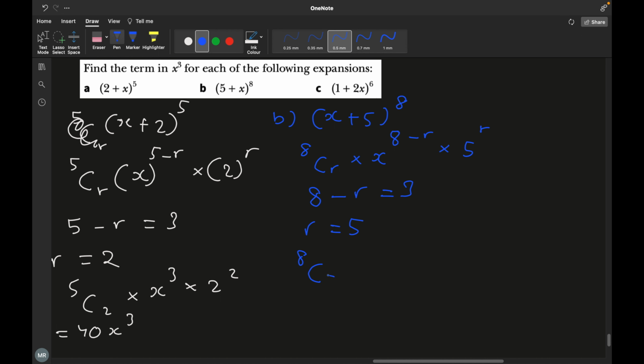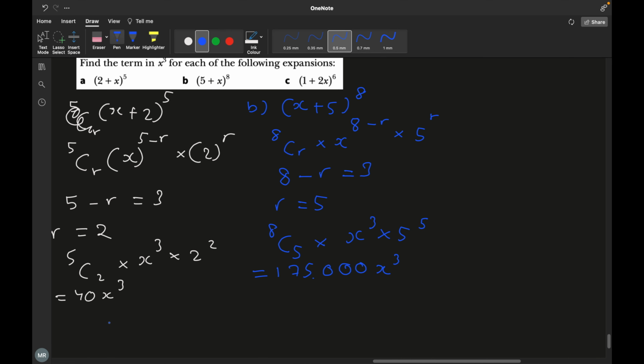So it's going to be 8c5 multiplied by x to the power of 3 multiplied by 5 to the power of 5. We get, I think, 175,000. Yeah, pretty sure. So this is the answer.